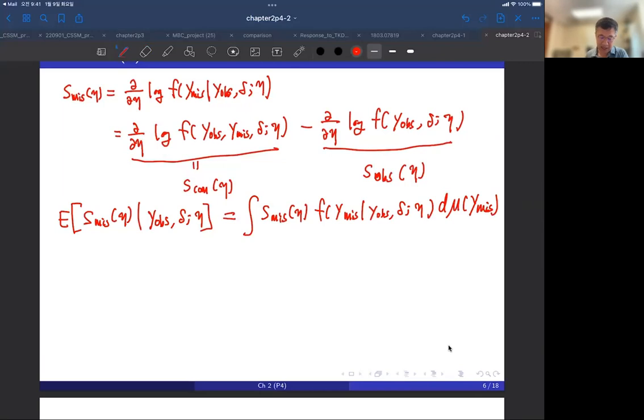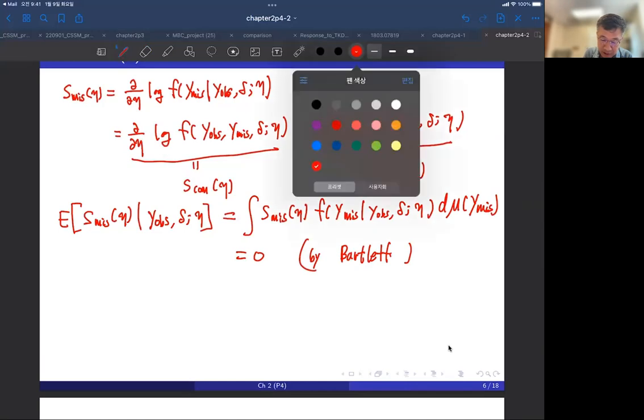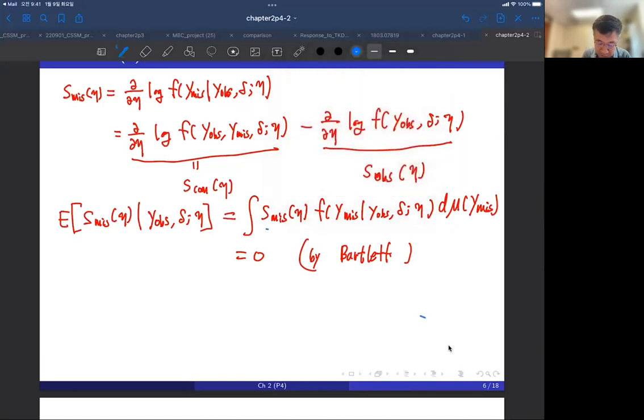This is 0 by Bartlett, because by definition this score function is the partial derivative of the log of this density function. That is what the Bartlett identity is about.